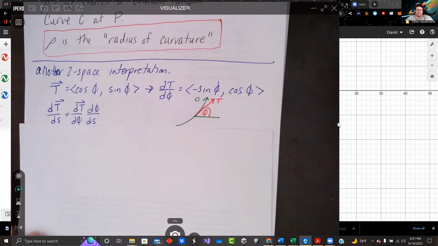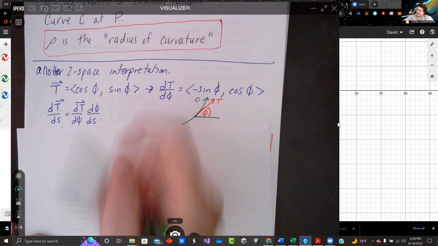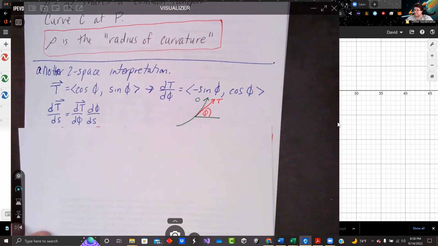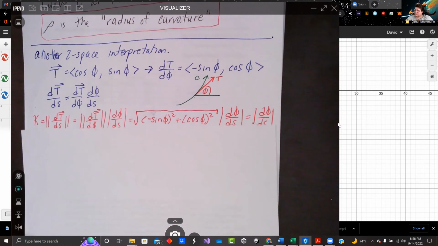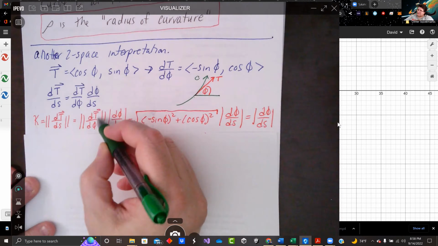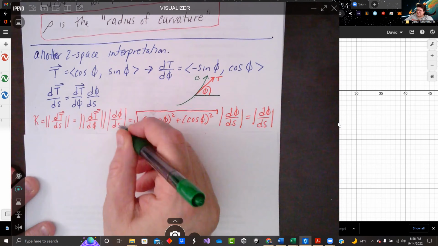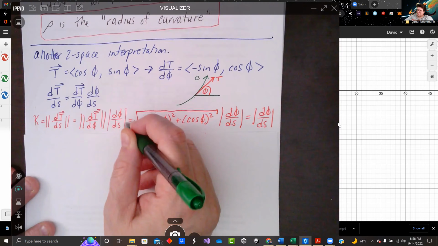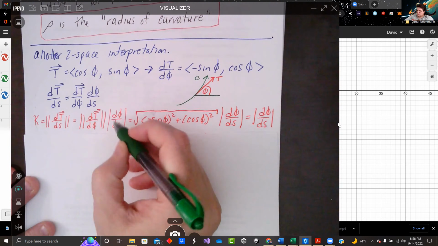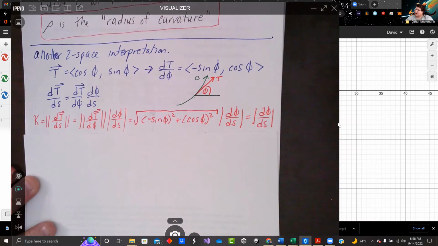If we want to write dT/ds, remember kappa is the magnitude of dT/ds. We can rewrite it by splitting it into dT/d phi and d phi/ds. So we take the norm of that. This is still the norm of dT/d phi. D phi/ds is a constant, so we're just looking at the absolute value when we take the norm of it, because it gets squared when we take the square root of it.